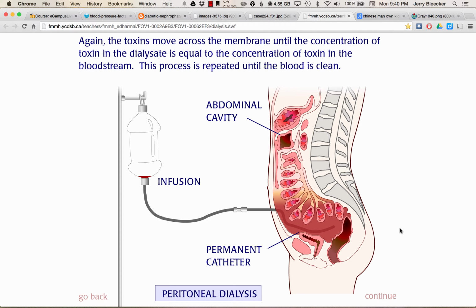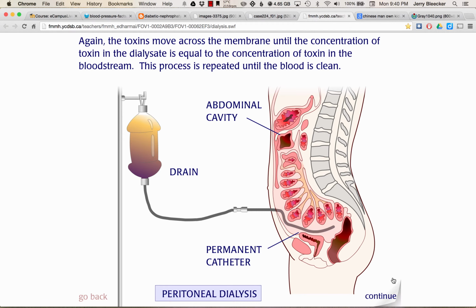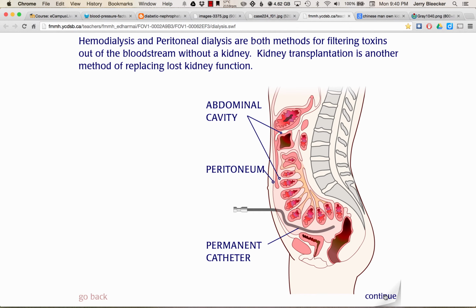This just shows the process has to be repeated. The catheter, of course, has to be hooked up and you just repeat until the blood is clean. There you go. That's the idea. So you could do hemodialysis or peritoneal dialysis, but really you're waiting for kidney transplantation.